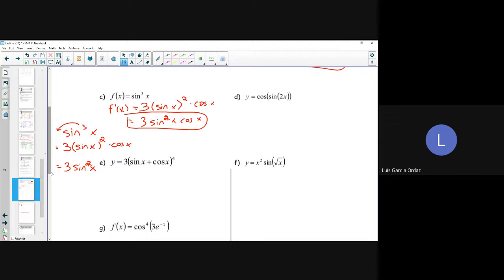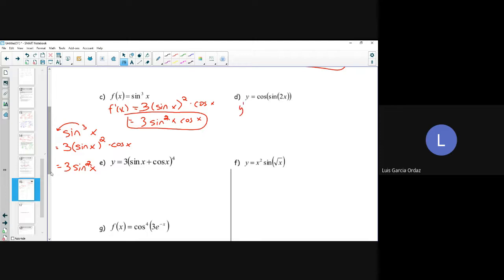And then for d, I have a composite function. So I have an f of g of x. I'm going to take my derivative of my outside function.